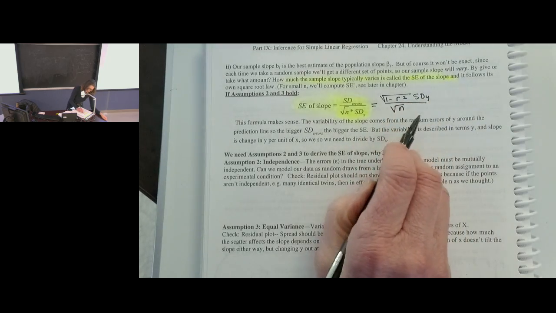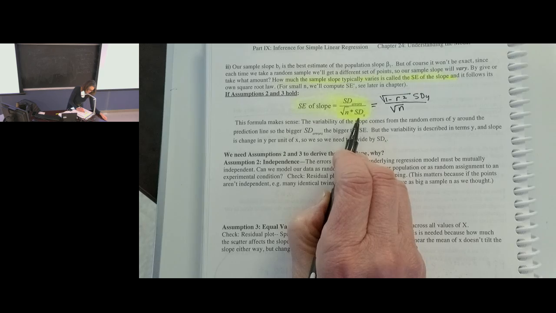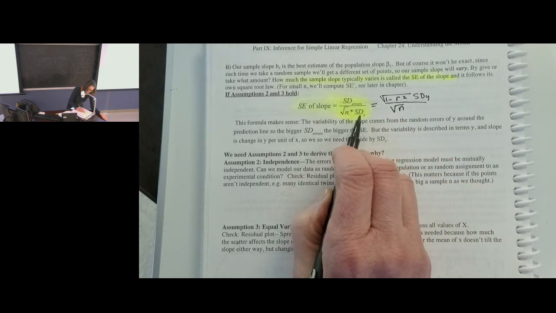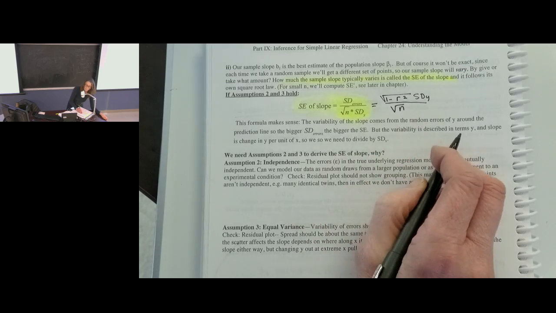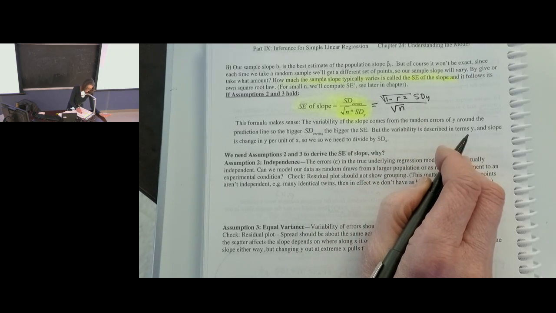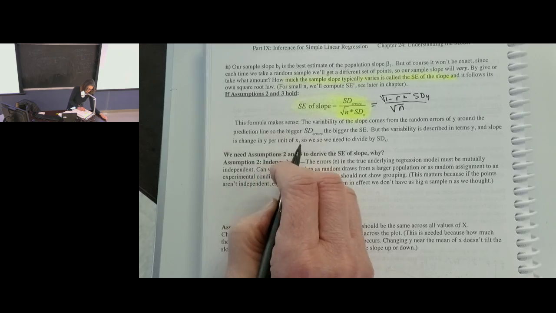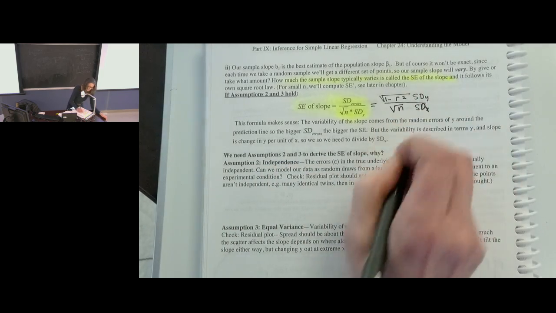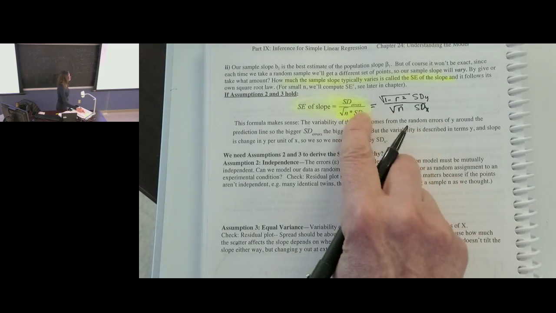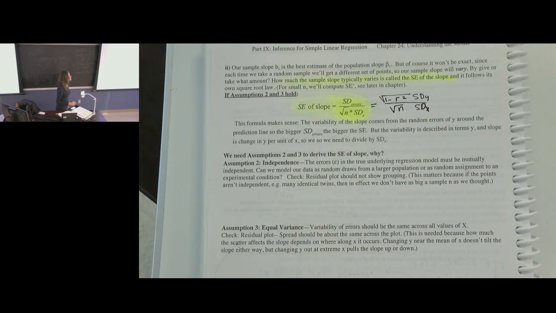The reason we need SDX is because slope is SDY over SDX. It's rise over run. The variability is described in terms of y, and the slope is change in y per unit of x. So we have to have this SDX to make the units match up. That's why it looks like that.